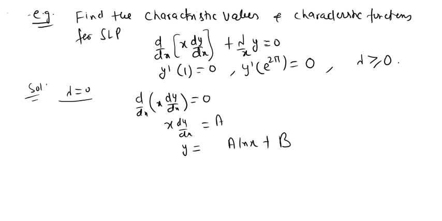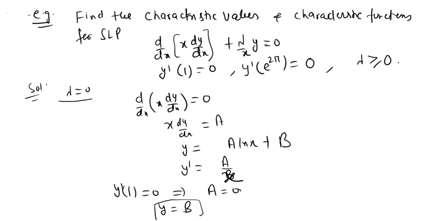You can also write its derivative, so y dash will be a by x, so y dash 1 equal to 0 will give you a equal to 0. The second condition will also give you a equal to 0. So you get the solution y equal to b, a constant.